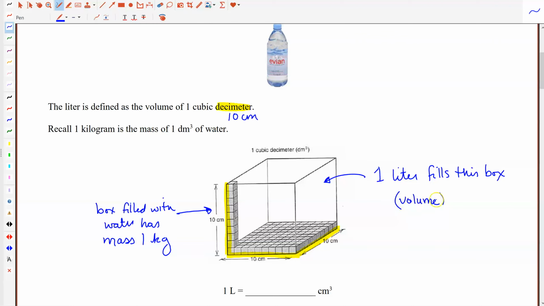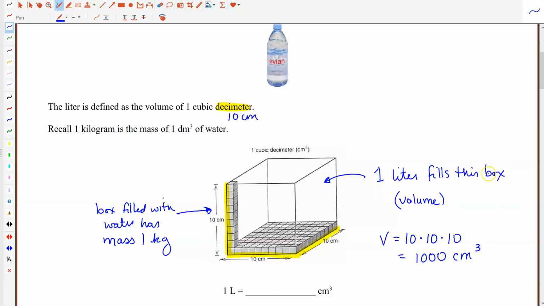Alright, so right now we're doing our dive into volume. So we said 1 liter would fill this box. So notice this box, if I were to find its volume, could also be found by doing length times width times height, right? Just a generic volume of a cube. So it would be 10 times 10 times 10, or 1,000 cubic centimeters.